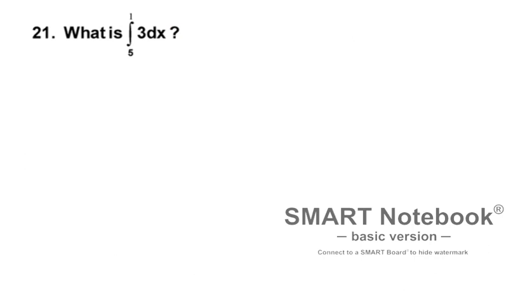Next, what is the integral from 5 to 1 of 3 dx? Basically what we're looking at here, again, you can use a calculator on this. So we're talking about y equals 3, and we're going from 1 to 5.